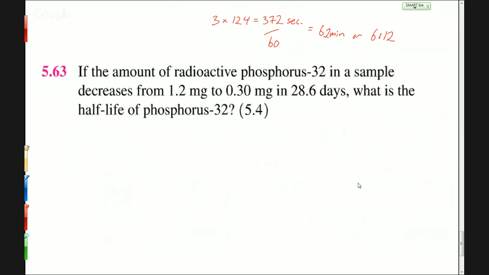So now you've got a sample decreasing to a certain amount over a certain amount of time. Can you figure out what the half-life is? See what you can do, and then we'll talk about it.